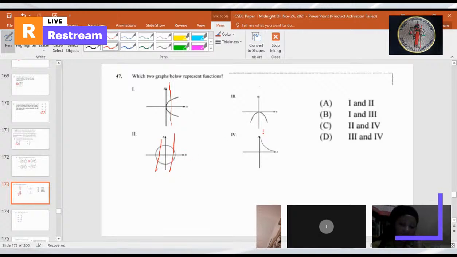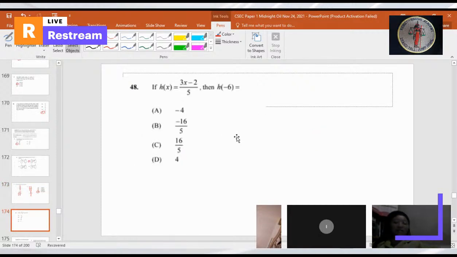If I go here, only one place. Same for this one. Anywhere I cut it, it only touches one point. So 3 and 4, I and IV, show functions. These are not functions.